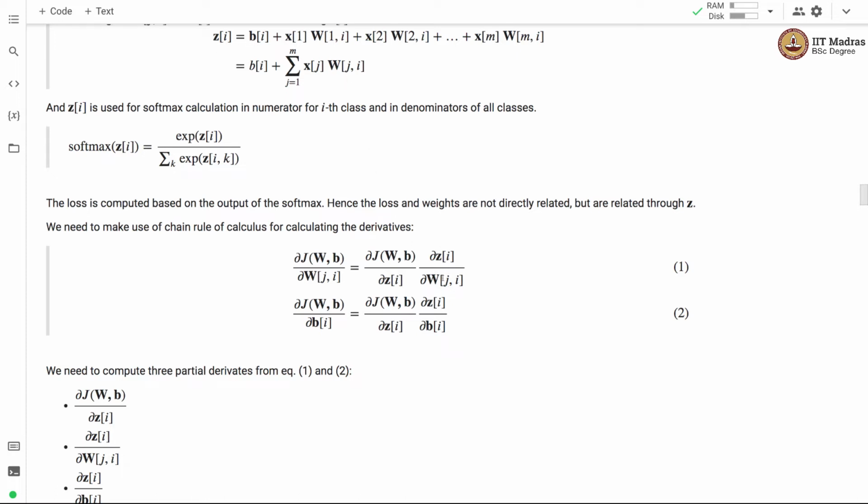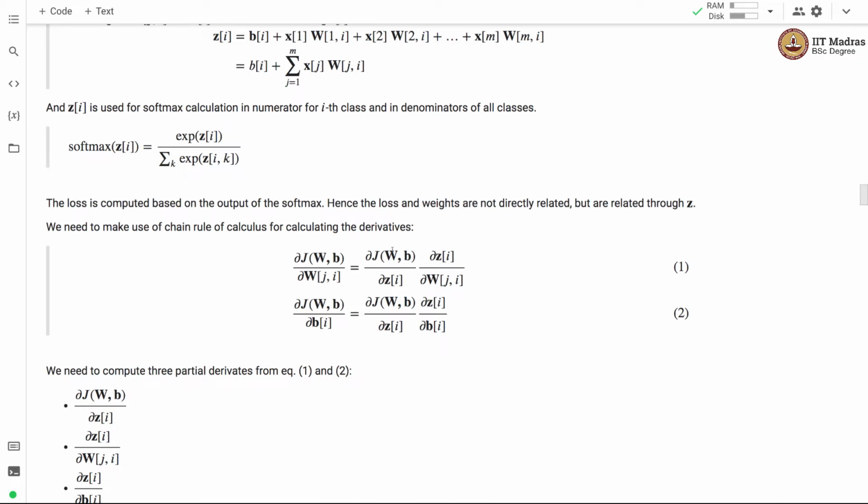So it makes sense to differentiate this Zi with respect to this particular weight. In the same manner, for the bias, the partial derivative of the loss with respect to bias i, we first calculate the partial derivative of loss with respect to Zi, and then the partial derivative of Zi with respect to Bi.